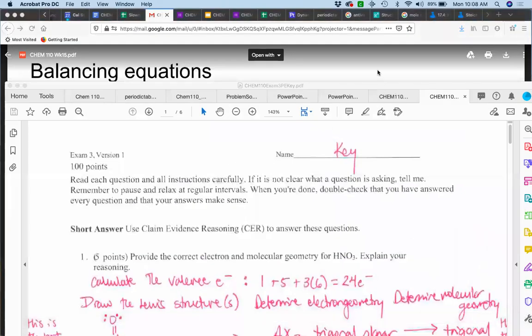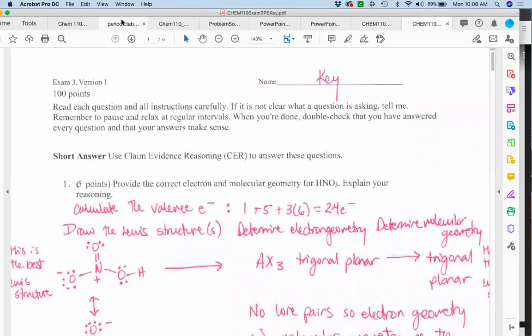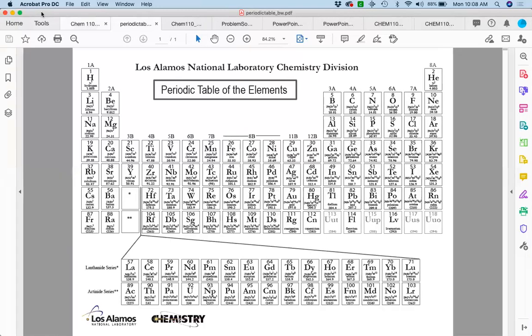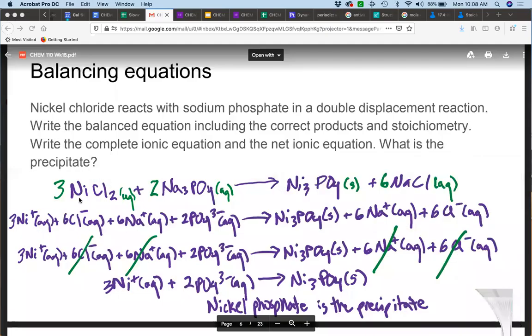If I find nickel on my periodic table, nickel is here. And if it gives up 2 electrons, then it's going to be over here. And I know that iron ions form, so it makes sense that I would be able to form nickel 2+ ions. So I'm going to start there and see if that will help me out. So NiCl2, that's how I form nickel chloride.